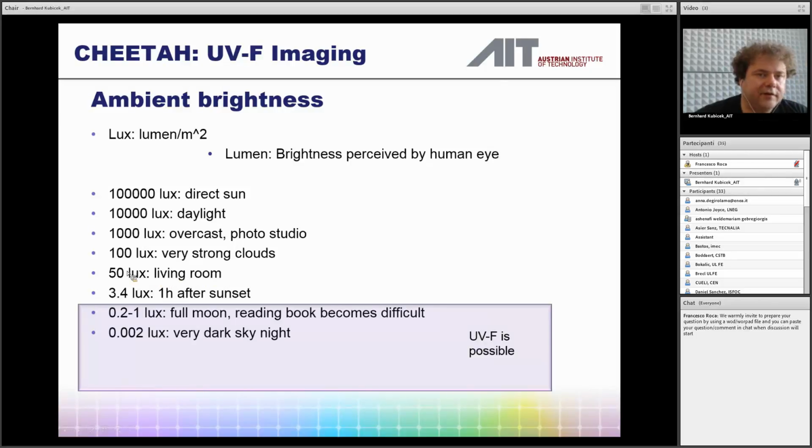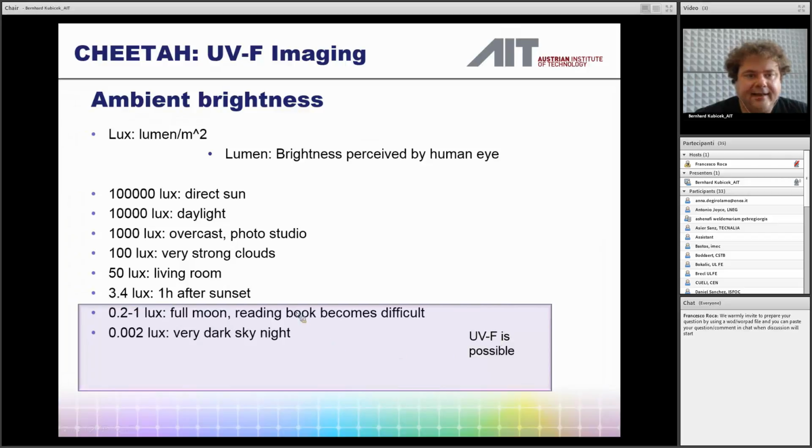Somewhere between 50 lux and 100 lux, I would say your laboratory will have the illumination typically. And then one hour after sunset, in German that's called the bürgerliche Dämmerung, the brightness changes quite dramatically to 3.4 lux typically. Then if you have full moon at night, you have 0.2 to 1 lux.